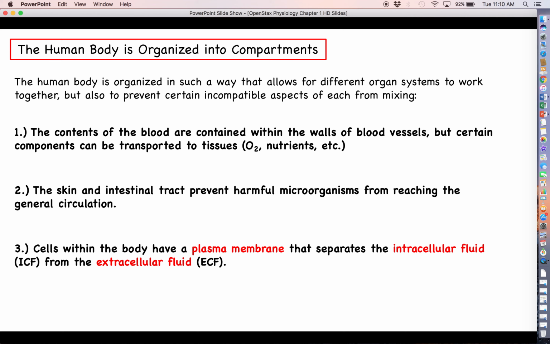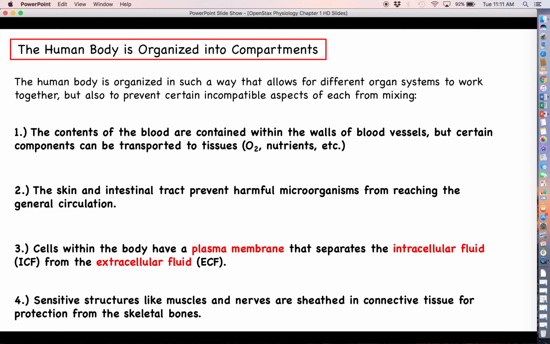Of all your bodily fluids, they're either going to be an intracellular fluid, that being a fluid that is contained within the plasma membrane, fluid that is inside of cells, or an extracellular fluid, being fluid that is contained outside of cells. The intracellular fluid, or ICF, is separated from the ECF by the plasma membrane.